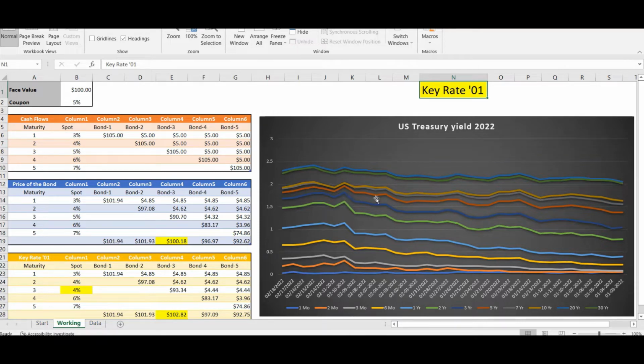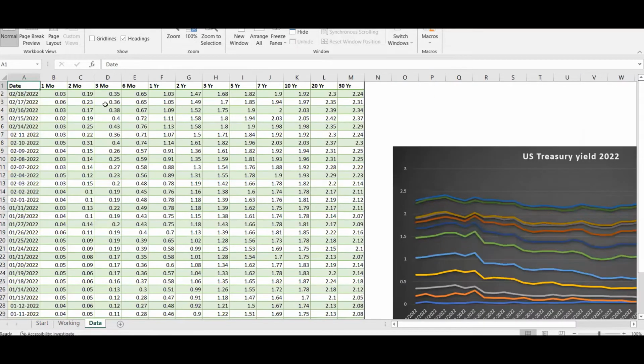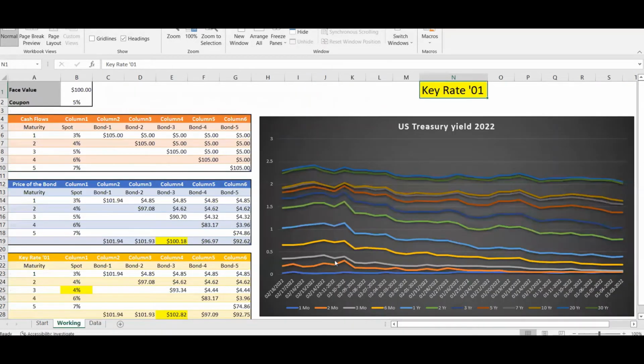Just to give you a live example, this is data that I have obtained for US Treasury rates for January 2022 and February 2022. I have plotted this graph. The basic assumption of duration or DV01 is that you have a parallel shift across the yield curve.